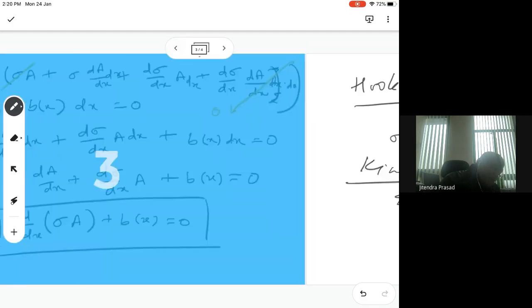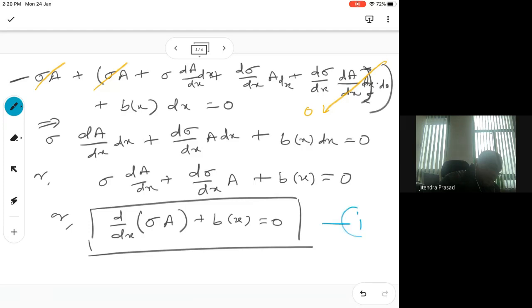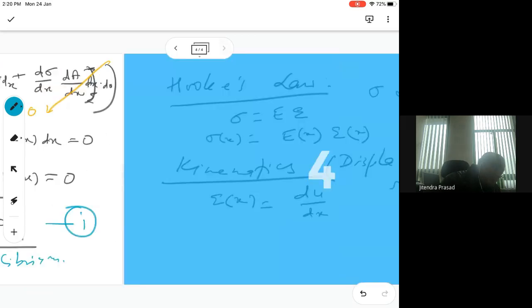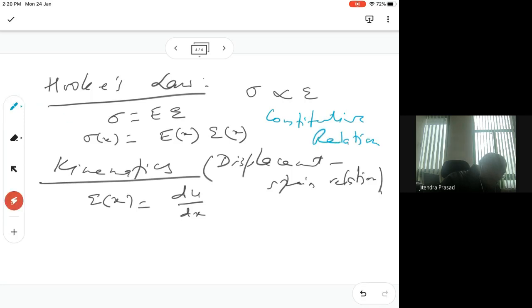So we have three equations. One comes from the force equilibrium, the equilibrium equation, which comes from physics. Second is the material property, Hooke's law, also called the constitutive relation. And third is the kinematics equation, or displacement-strain relationship.